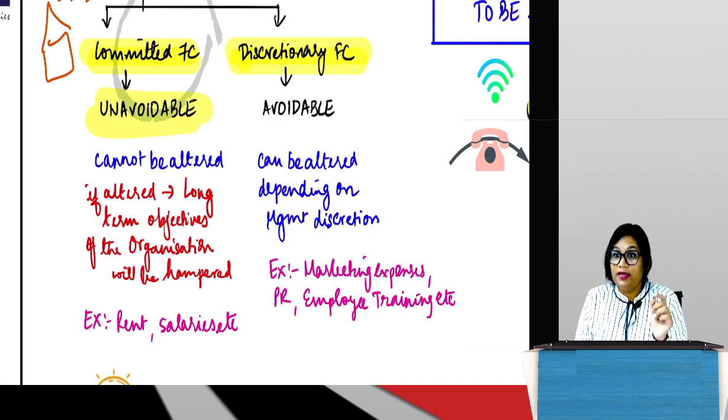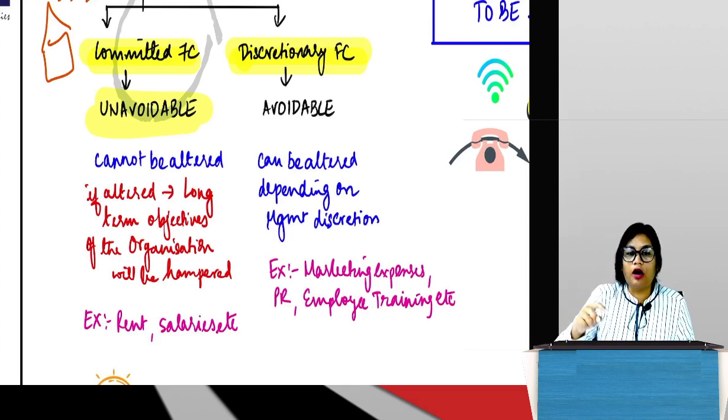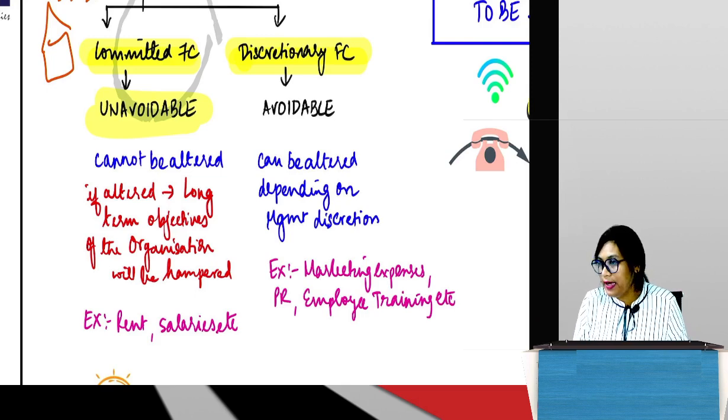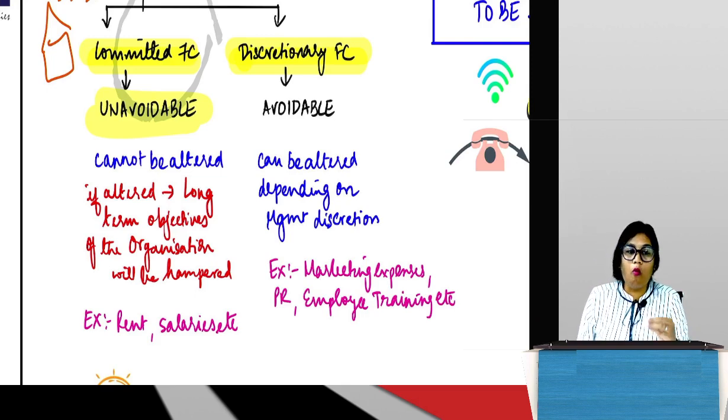But guys, there are some fixed costs which, if you want, can be altered. Those fixed costs are called discretionary fixed costs or avoidable fixed costs. These fixed costs can be changed a little.